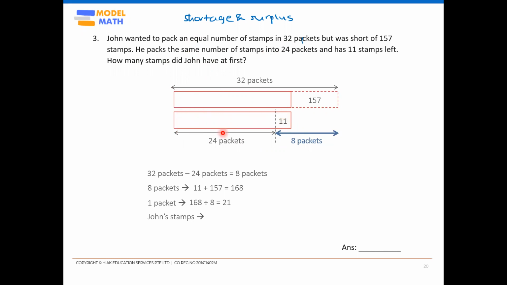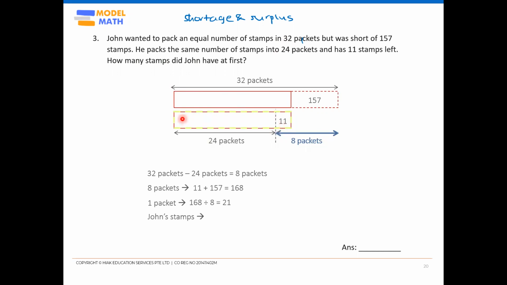This whole entire red bar that's boxed up is what John has at first. Same for the first scenario: this part, without the 157, is John's stamps at first. Now I'm just using scenario 2 to solve. If you use scenario 1, you will also get the same answer if you do it the right way.